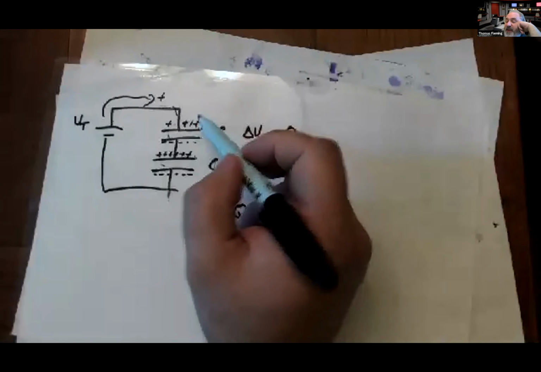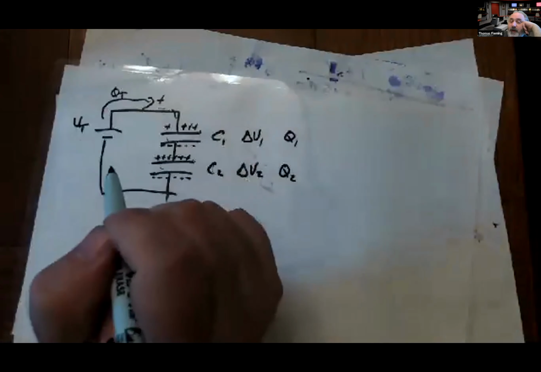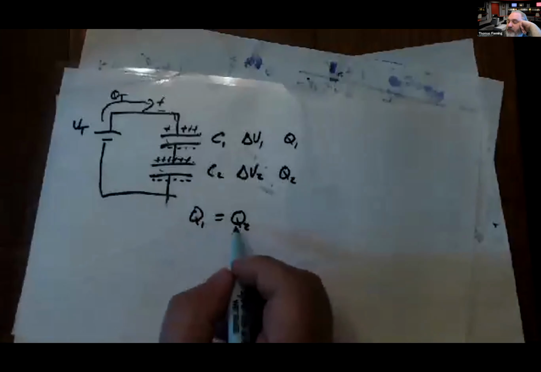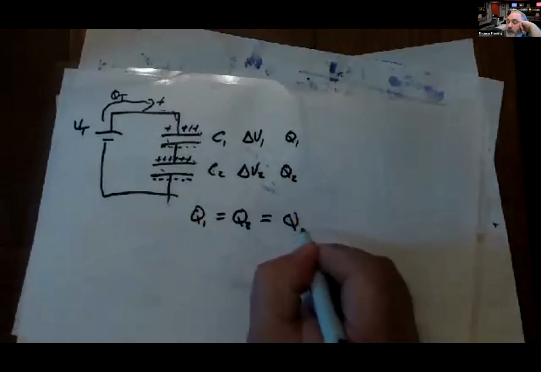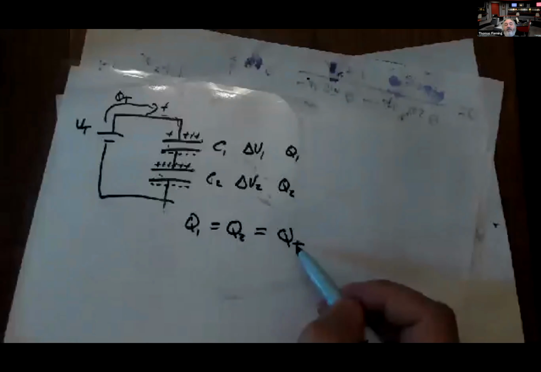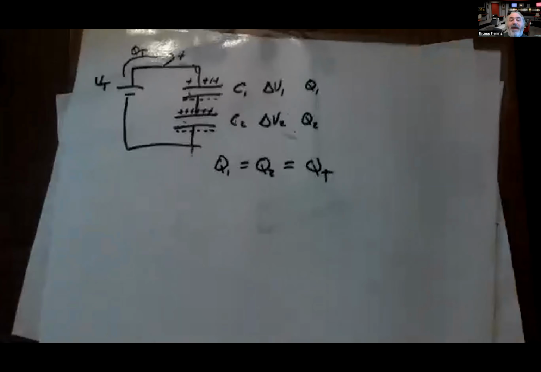It's the charge that came out of the battery. I'll call the charge coming out of that Q total. And according to this, Q total should be the same as Q1, which should be the same as Q2. So whatever charge comes out of the battery has to be the same as the amount of charge on either of the two capacitors. They both have to have the same amount of charge. Nifty.